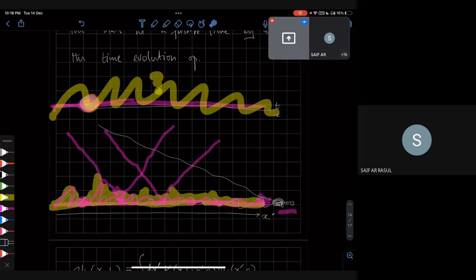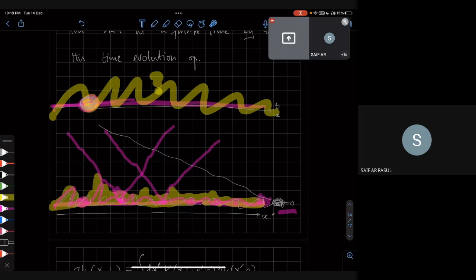Now, since we're dealing with wave phenomena, you've heard of Huygens principle, and what Huygens said is that if this is a wave front, then every point on this wave front acts as a source of spherical waves, and the wave at a future time is just given by the envelope of those wave fronts.